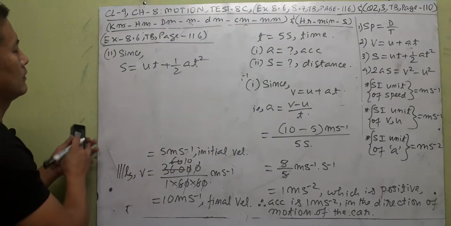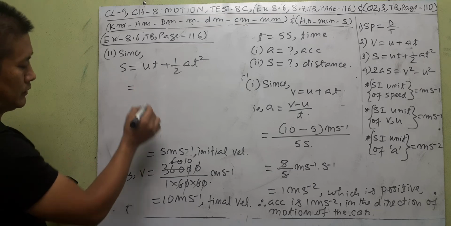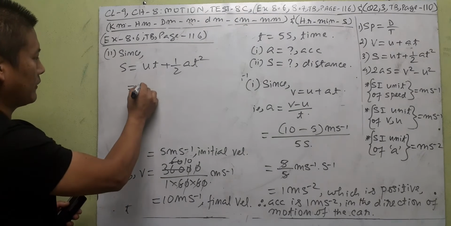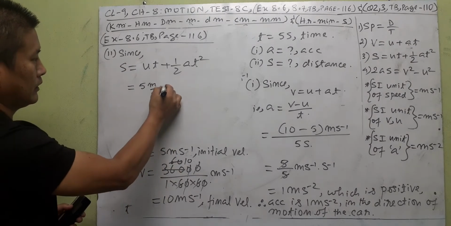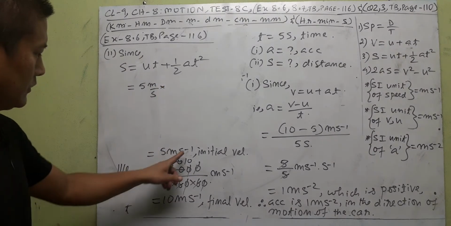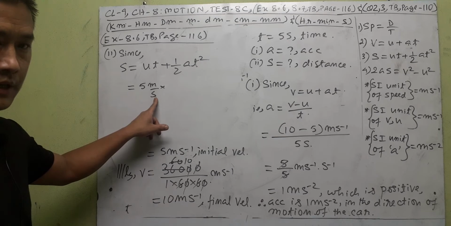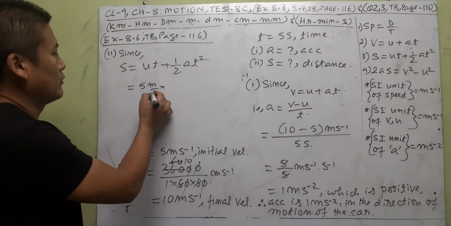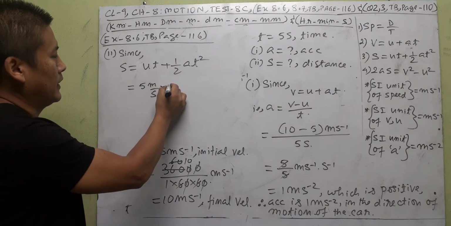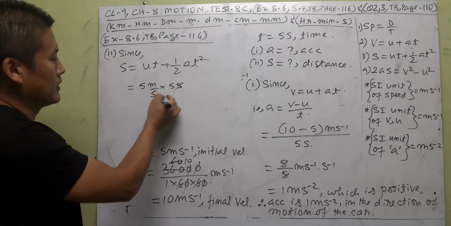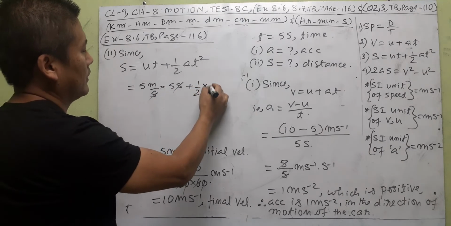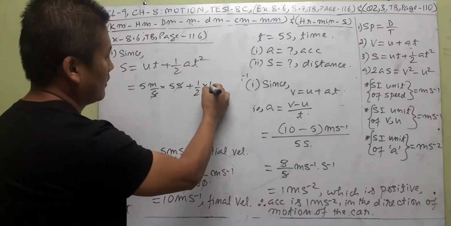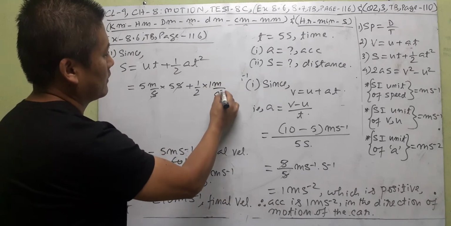So, next here, u is here 5 meter per second, as you can see here, into second to the power minus 1 I brought down, so plus 1 now. T is 5 seconds. We did that, so we can cancel these two. Plus half into a just now here, 1 meter per second square.